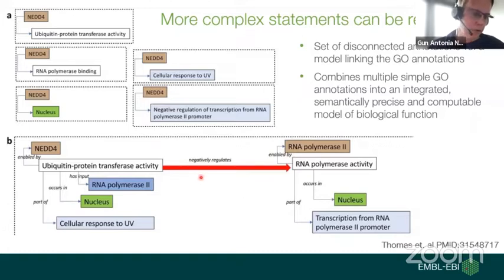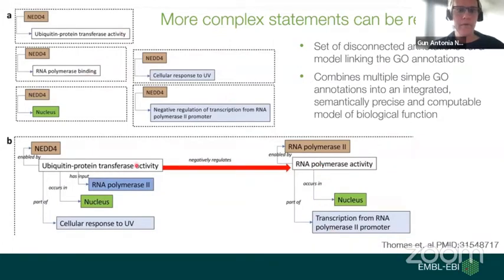Whereas in a GO-CAM model, you would say that this activity, so the ubiquitin protein transferase activity, is enabled by this gene product, and it acts on RNA polymerase 2, localizes to the nucleus during this response. And this whole activity model negatively regulates RNA polymerase activity. So it's causal.